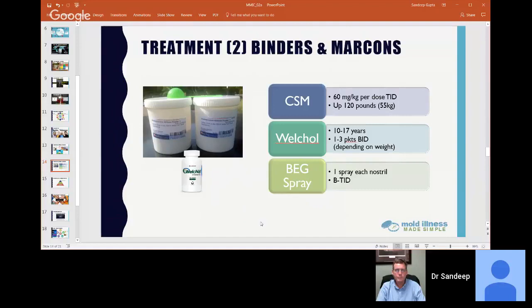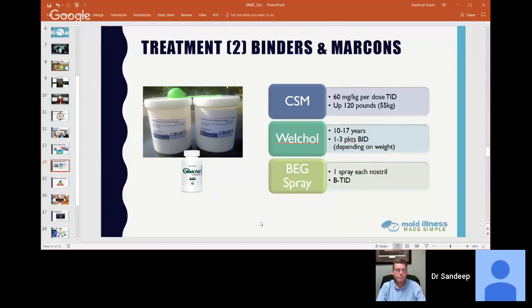Okay, great. And so tracking back to binders, what binders are is they're a certain type of medication, or sometimes they can be natural substances as well, that actually bind onto biotoxins in the small intestine. And these biotoxins come into the small intestines through the bile. But the problem is, if you don't use binders, the body tends to recirculate these biotoxins.